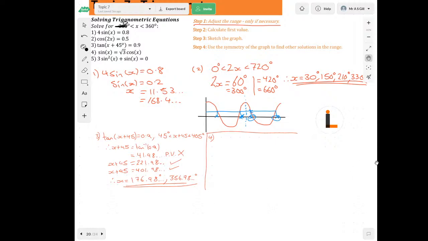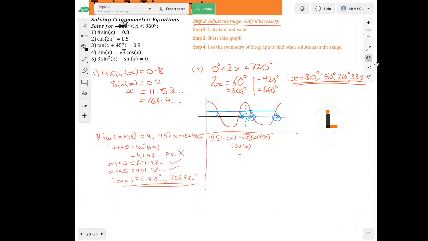Okay, so question 4, we need to use an identity before we can solve this, because we've got two different functions. We've got sine and cos. We can't use two different functions within the same question. But if we divide through both sides by cos x, we're just going to cancel on the right hand side.